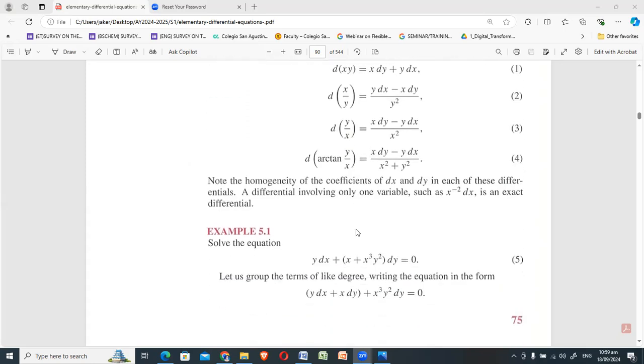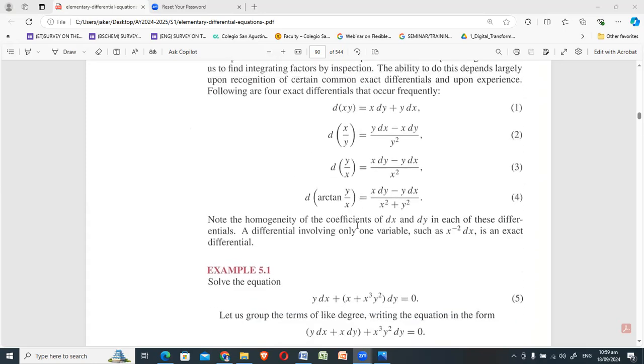As for arctan, I'm sure not all will recall arctan. So the derivative of arctan of u is the derivative of u, whatever that may be, all over 1 plus u squared. That's the formula. So in our case here, u is y over x.